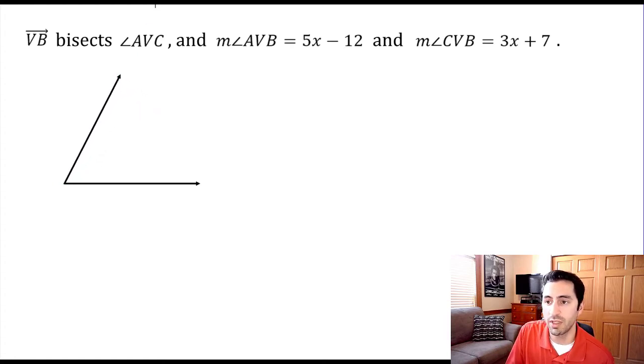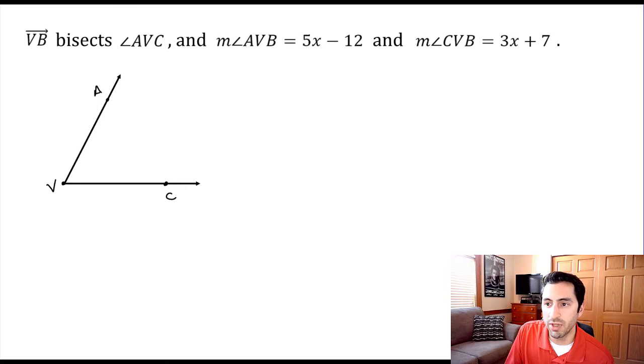We just want something to help us work through this. So we'll put some points on here. And then the way that this angle is named, angle AVC, the vertex is going to be the middle letter, so it's going to be V. And then we'll say that's A, and this is C.